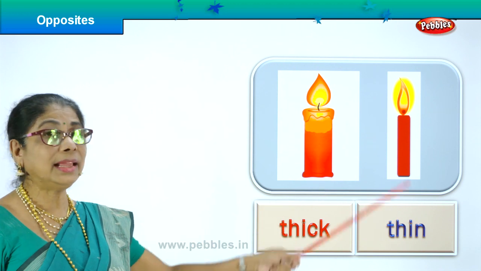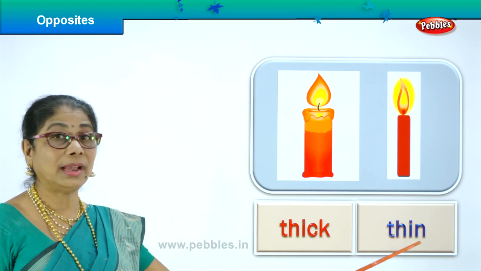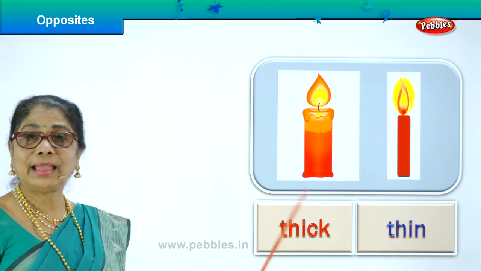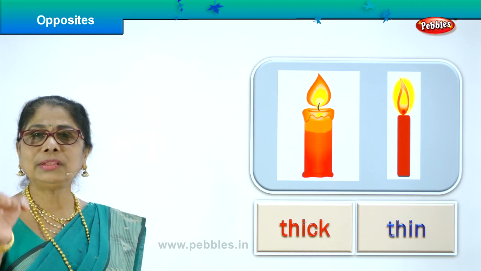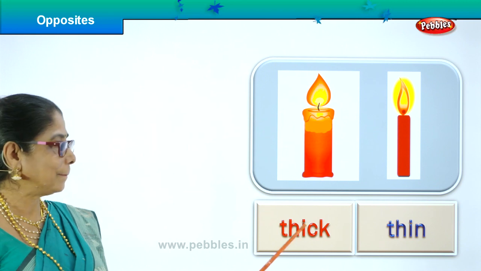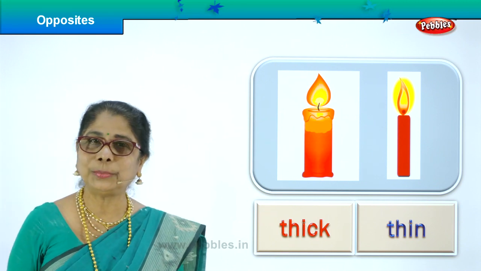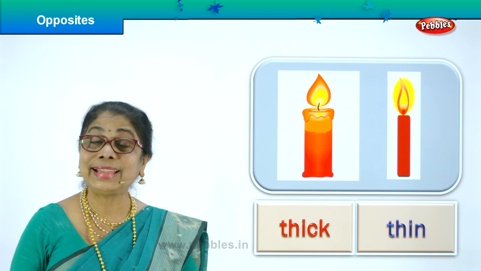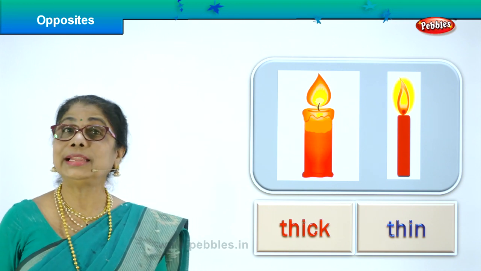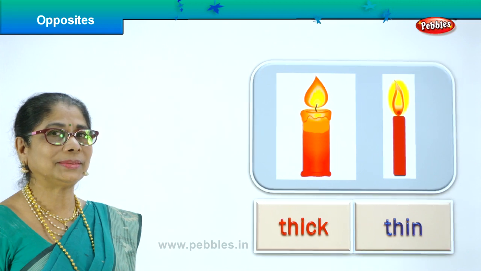And this is thin. T-H-I-N, thin. The candle can be either thick or thin. Good. So you learned the opposite word for thick. What is the opposite of thick? Thin. Good. Let's take another set of pictures.